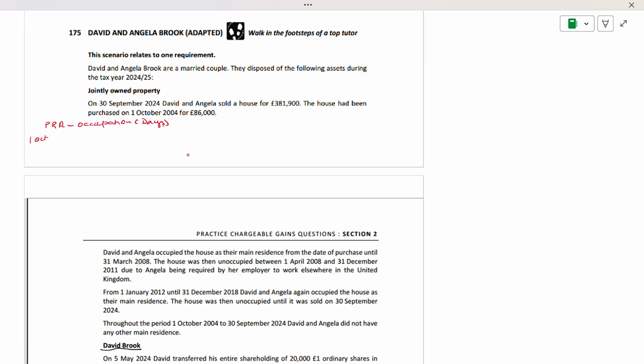They purchased on 1st October 2004 and occupied the house as their main residence from the date of purchase till 31st March 2008. How many months are there? We need the columns: total months, exempt, and chargeable months.